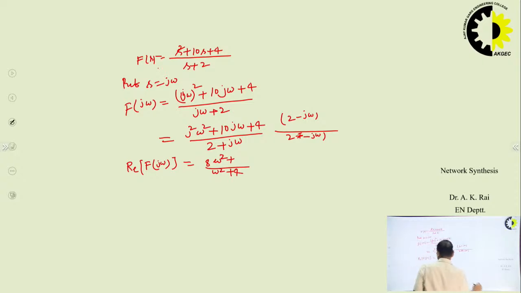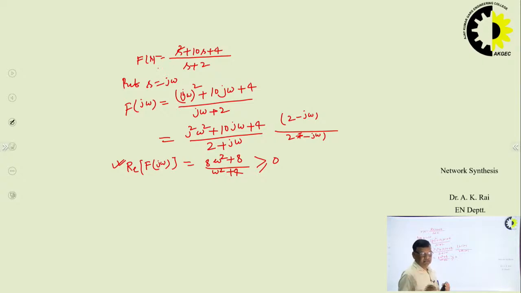So this is the real part of F(j omega), which is (8 omega square plus 8) divided by (omega square plus 4). This is always greater than or equal to 0, so this condition is satisfied for any value of omega. If you take a negative value of omega, it is squared, so it will come out positive. This way we can check whether the given function is a PRF or not.